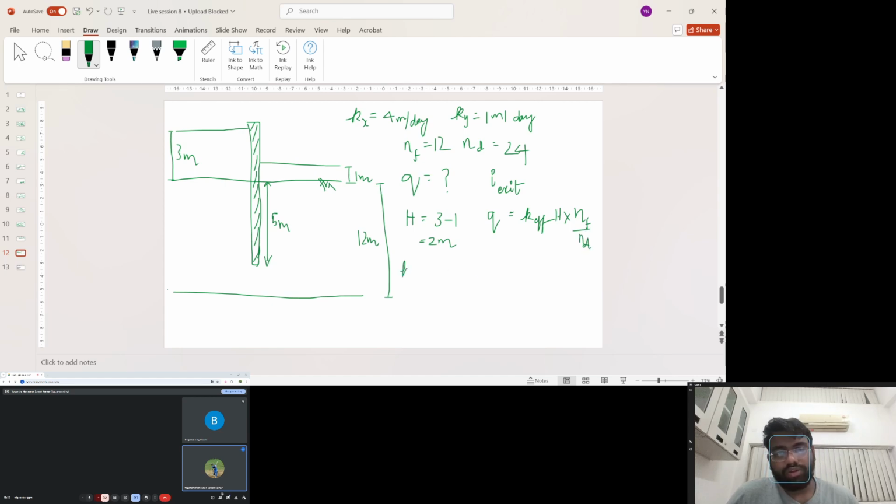Since it is an anisotropic flow, K effective has to be calculated, which is equal to the square root of Kx into Ky, which is 4 into 1, which is 4. The square root gives us 2 meters per day. So now calculating Q: 2 meters per day, H is 2 meters, NF is 12 and ND is 24. So this gives us 1 by 2, which gives 2 meter cube per day.